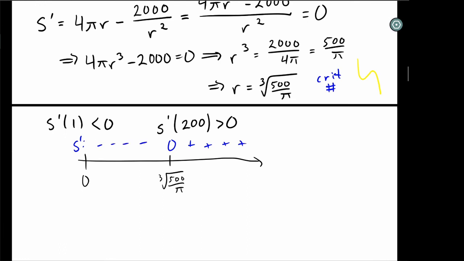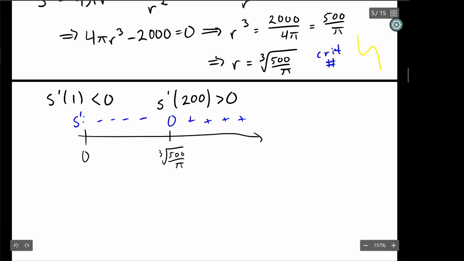Since we know that, we can definitively say that, well, we don't have endpoints here, but the function is always going down over here and always going up over here. So we have to wind up with something vaguely like this. It's probably not exactly a parabola. You can graph it in Mathematica and see what's going on. But we know that it has to go down until this point, and then it has to go up.